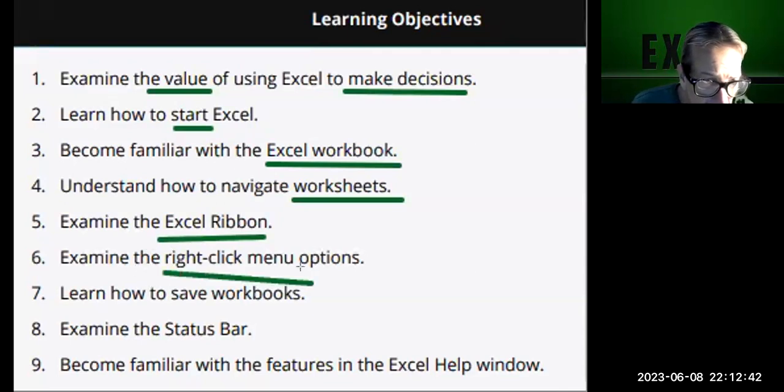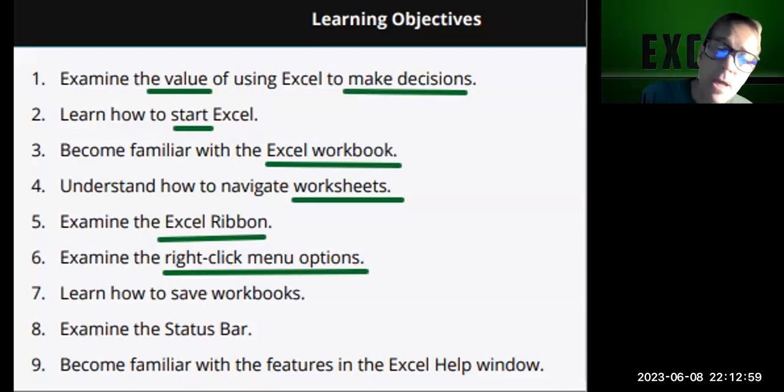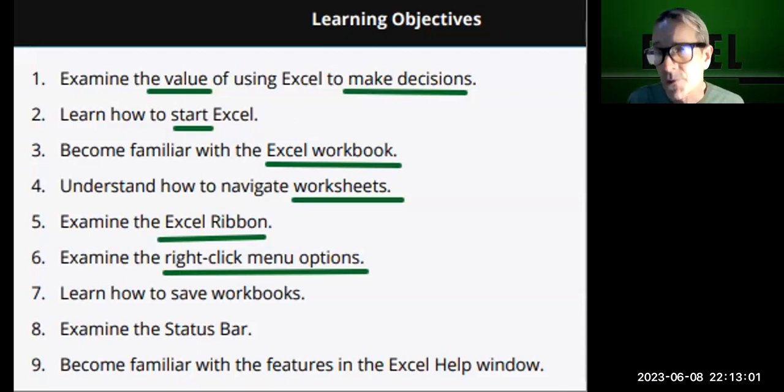Examine the right-click menu options. For those of you using Macintosh, this textbook does have instructions for how to adapt some of these steps for the Macintosh computer. Anyway, getting back to the regular Windows computer, most of you are using Windows computers.